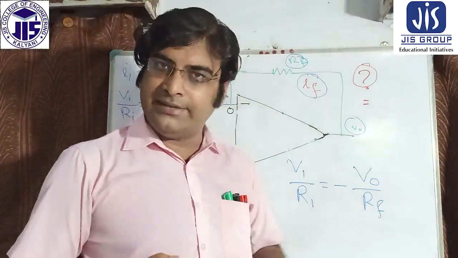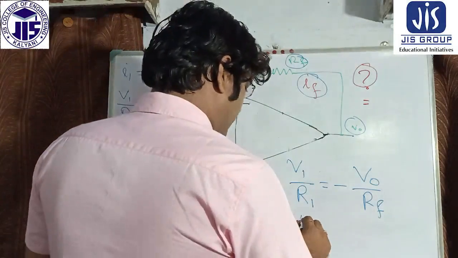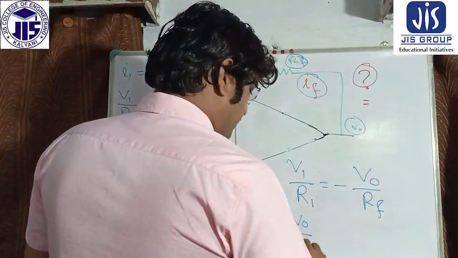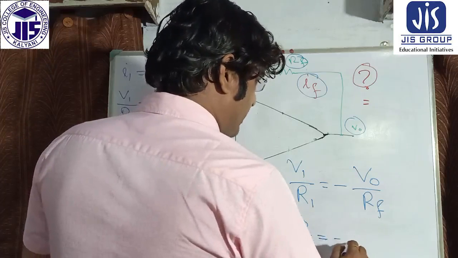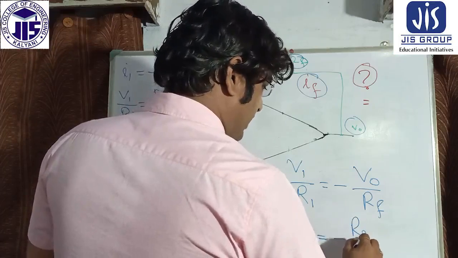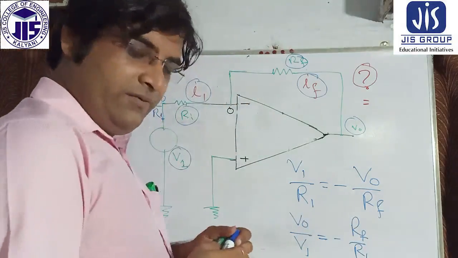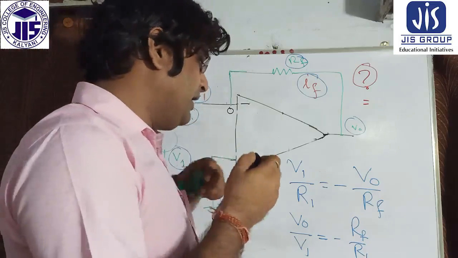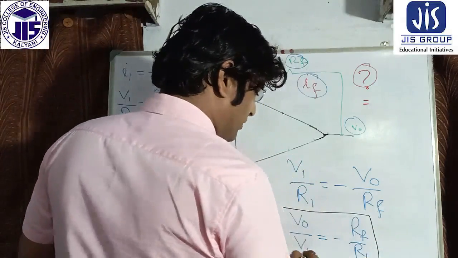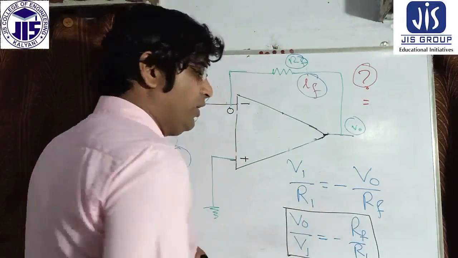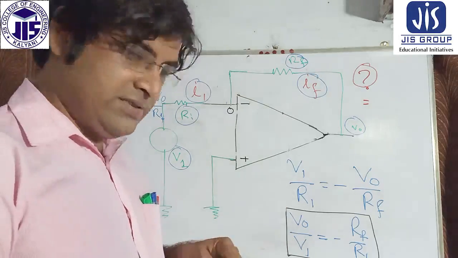We can write it this way, so V0 by V1 equals minus RF by R1. So this is our very important equation.